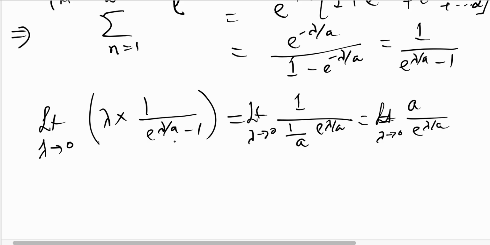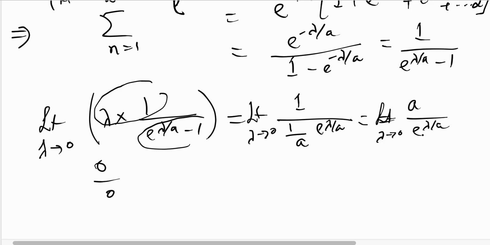I have done nothing but use the L'Hospital rule: if a 0 by 0 form appears in the limit, we use the derivative of the upper and the derivative of the lower. So that will be the limit as lambda tends to 0 of a by e to the power lambda by a.